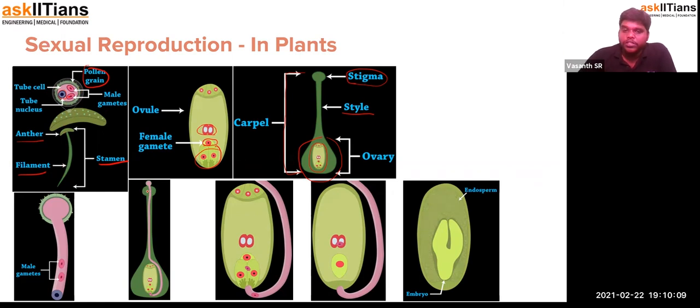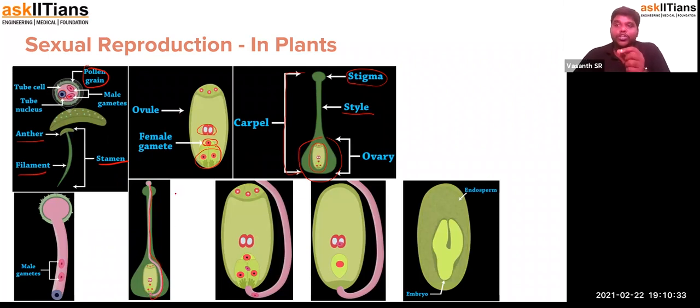In this process, the pollen grain will develop a tube-like structure, formed from the tube cell, and that will help the male gamete descend so that it can reach the ovule.